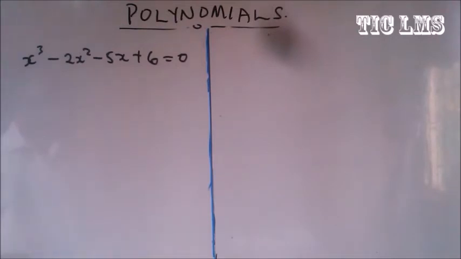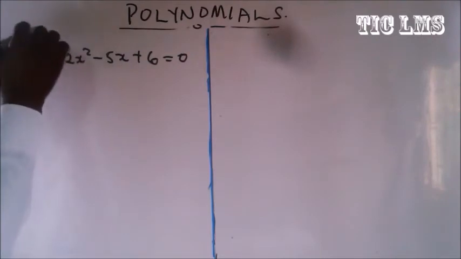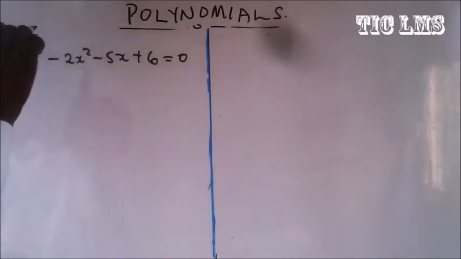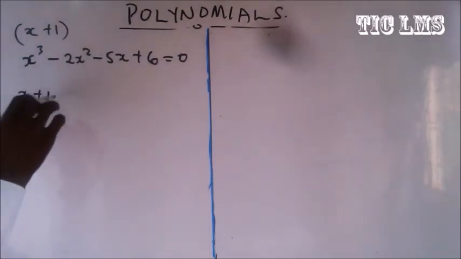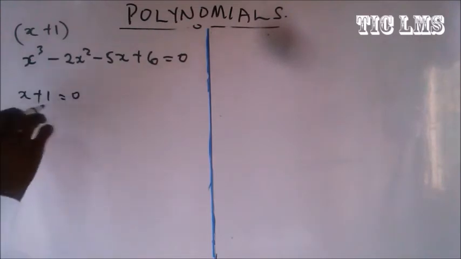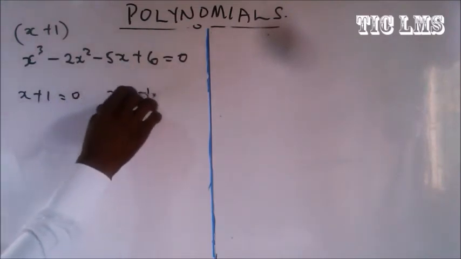So the first one will be done by a trial method. Now, if we use x plus 1 as a factor, we say that x plus 1 equals 0, and then x equals minus 1.